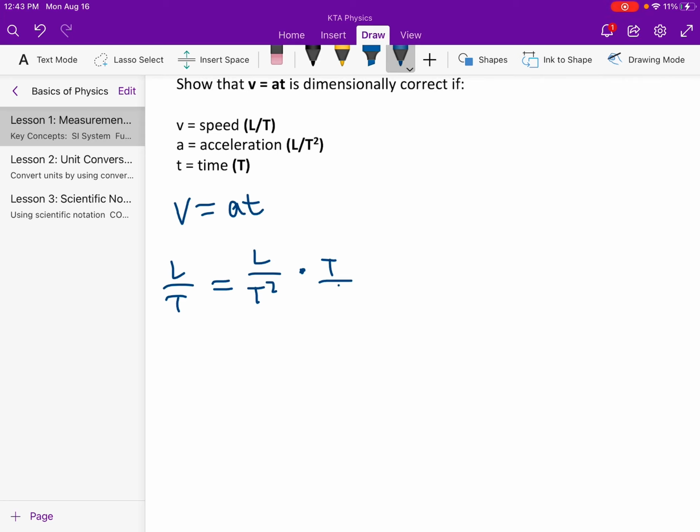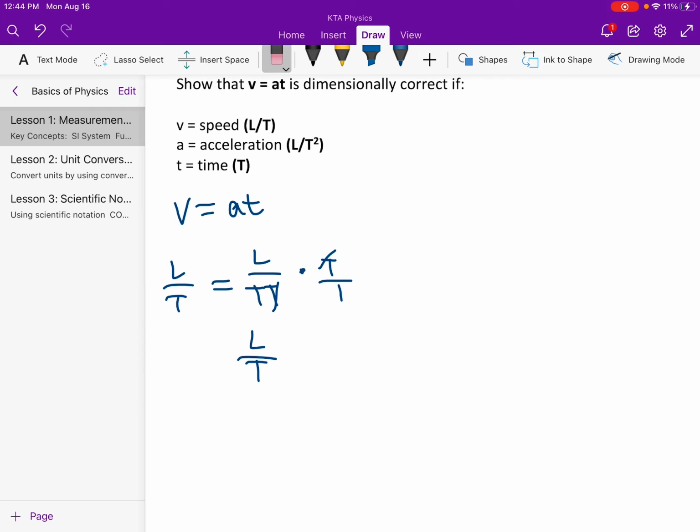Well, T would be over 1, and in that case we could cancel out things to prove this. So T squared just means T times T, and so we can replace that with T times T. And so we cancel out 2 of the T's, and then we're left with L divided by T times 1.